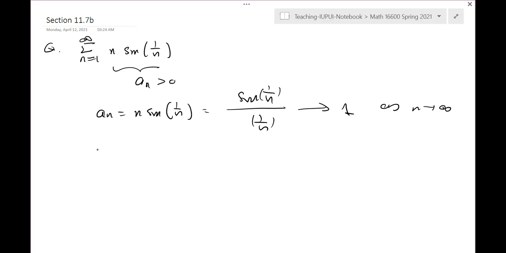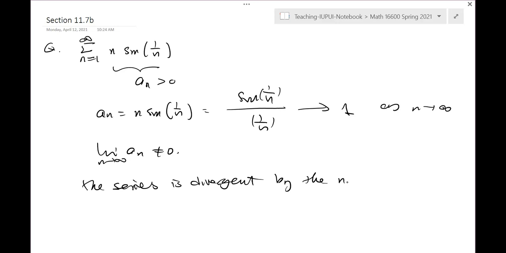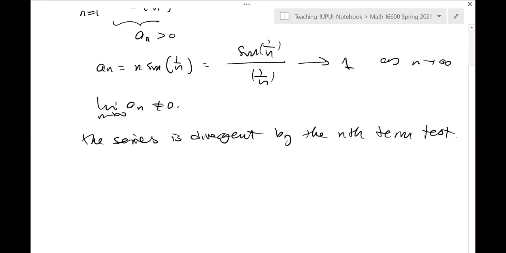So clearly the limit of a_n is not going to be 0. Therefore the series is divergent by the nth term test. So that is the simplest.